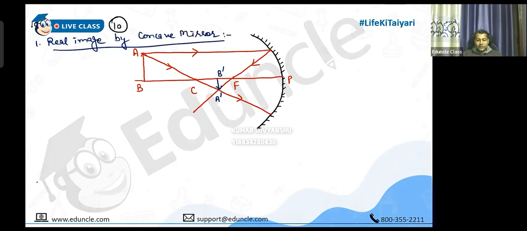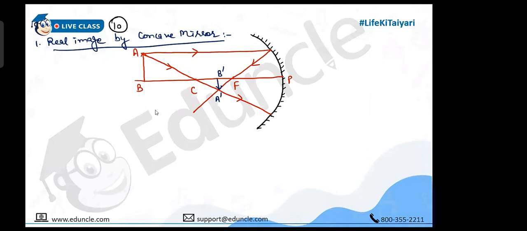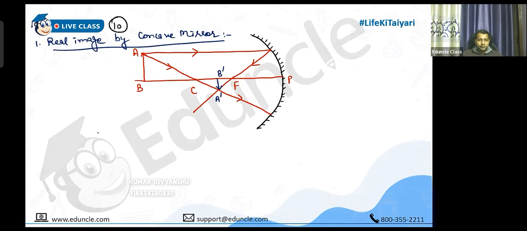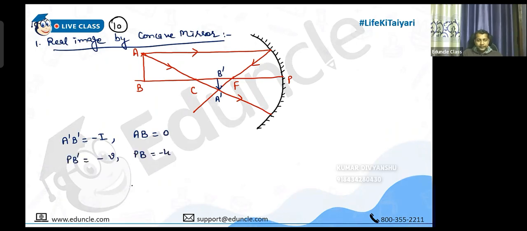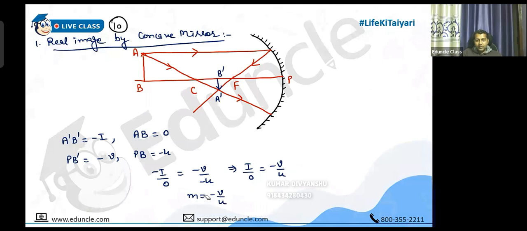What do we have for the magnification? Can you tell me? Object and image distance both are negative. Image size is very small, so magnification is diminished. A dash B dash is minus I, AB is O, PB dash is minus V, PB is minus U. So minus I by O is minus V by minus U. These two minus signs got cancelled and I by O is minus V by U. It means the magnification is minus V by U when the image is real.